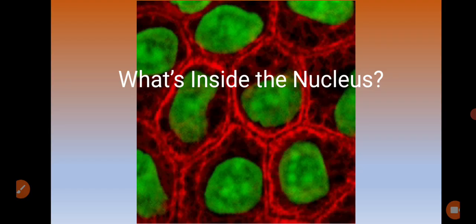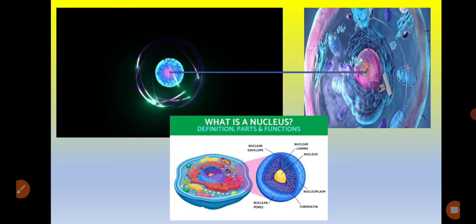It is situated deep inside every eukaryotic cell, and it is a remarkable command center. It is called the true control hub of all the life activities. So what does it mainly contain? It contains most of the genes.